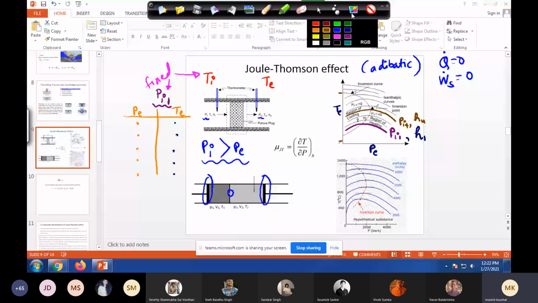So what you see here is that before the inversion point for any curve, let's say if I choose this curve, if you go left, when pressure is decreasing, temperature is also decreasing. When P is decreasing, T is decreasing. It means that the exit temperature is lesser than this T_i. So this is cooling effect.